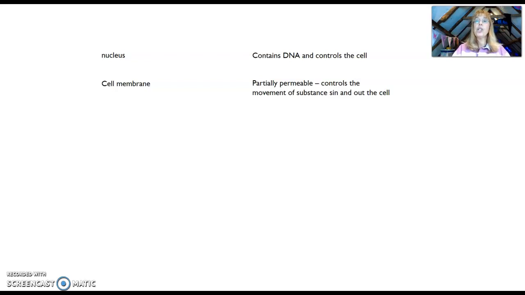That's important because we don't want large substances to move in. And then the cytoplasm, that jelly-like substance that is inside the cell. And that contains enzymes, which are biological catalysts, which speed up chemical reactions. This is where many chemical reactions take place.